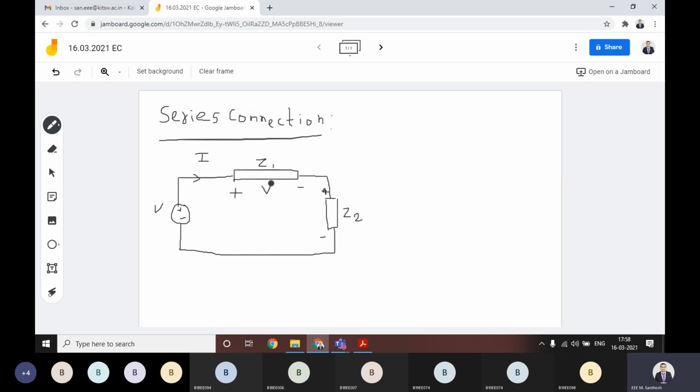Obviously both are different. Then I am assuming the different voltages. First one is V1 and the other one is V2.